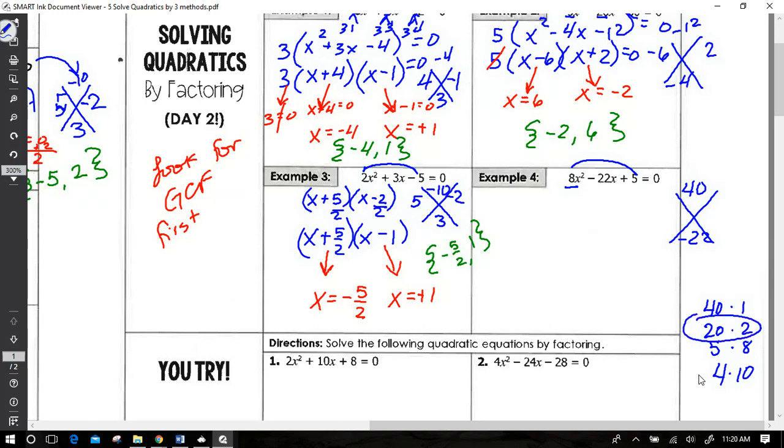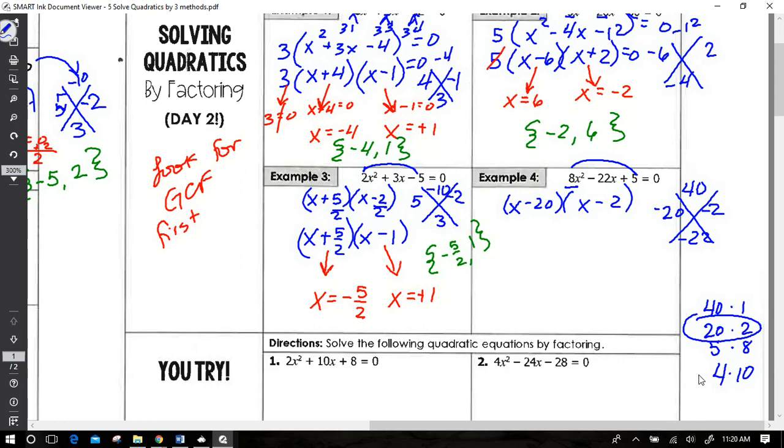And I think this one. 20 and 2. If they're both negative, they'll add up to be negative 22. And remember, multiplying two negatives together gives you a positive. So I have x minus 20 and x minus 2. Awesome.